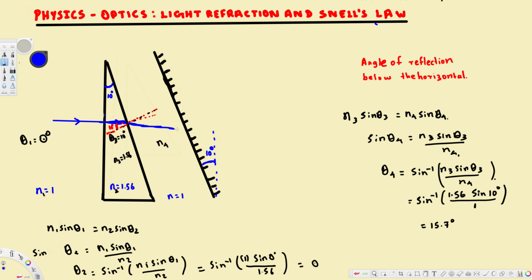Okay, and this is going to make 15.7 degree with the normal. But if we extend these two lines, this line and this line, okay, not this line, this horizontal.